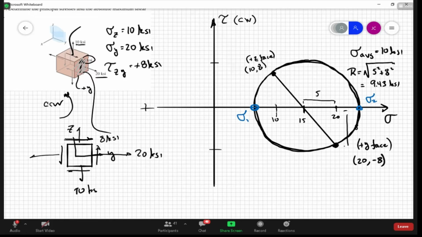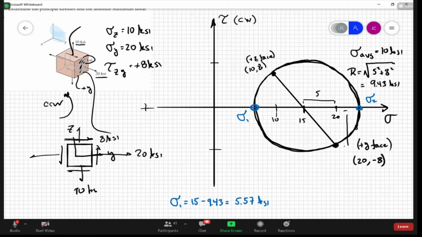We're going to consider them in ascending order. So sigma 1, the first principal stress, is going to be the midpoint, 15 KSI, minus the radius, 9.43. That gives me a value of 5.57.